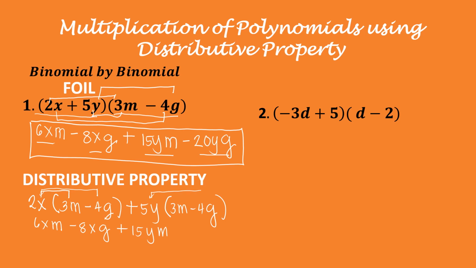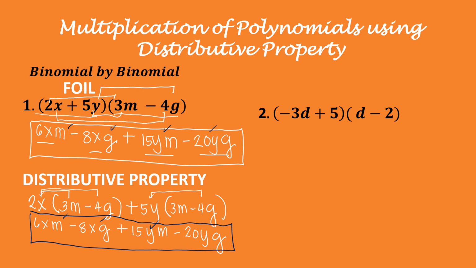Then the 5y times negative 4g will give you negative 20yg. Now, if you compare, they have the same product even though we are using a different property or method. Yes: 6xm minus 8xg plus 15ym minus 20yg.